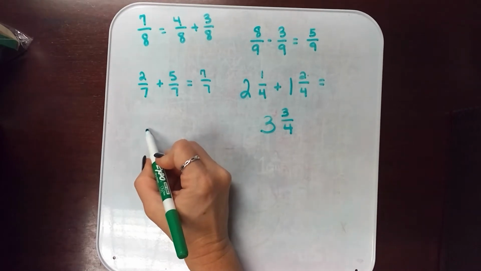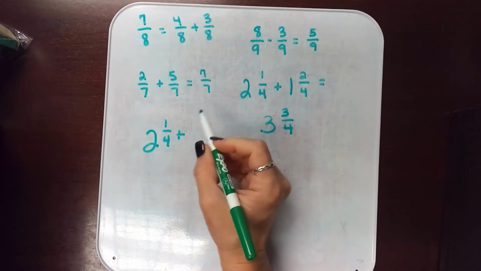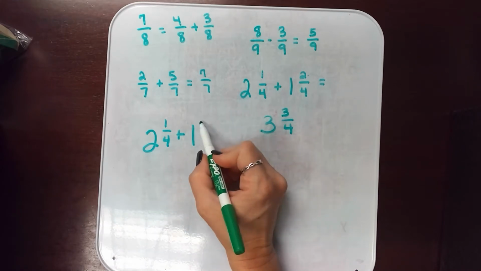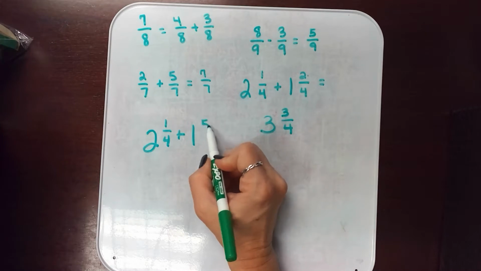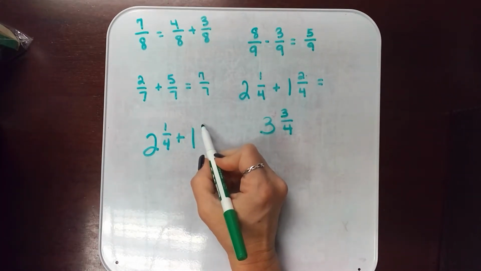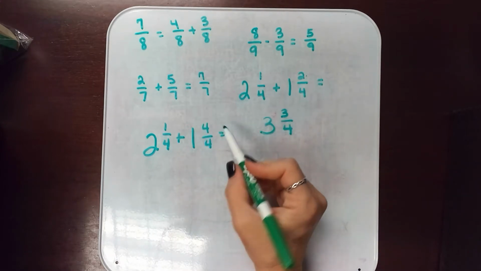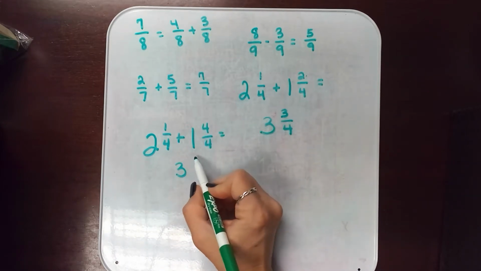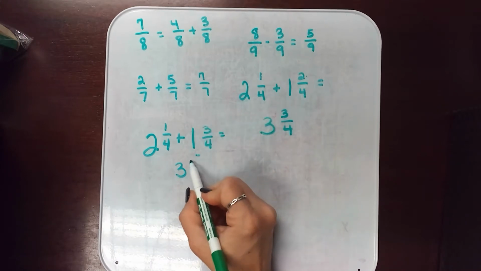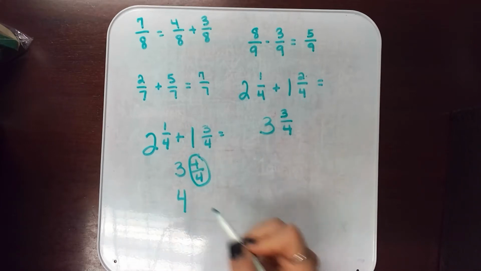If it goes over, so let's say I had 2 1/4, and I add 1 5/4, well, that's not a good fraction to say. Yeah, we can do 4/4. We are then going to get 3 and 3/4, sorry. I'm going to get 3 4/4. And then students will realize that equals 1, so it's 4.